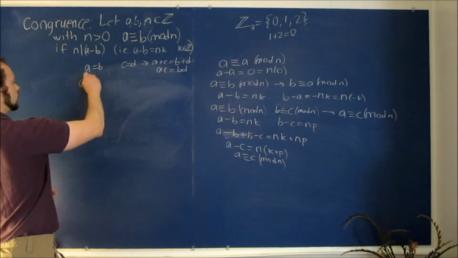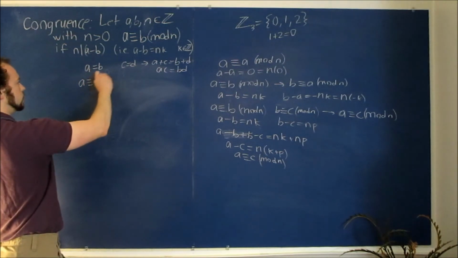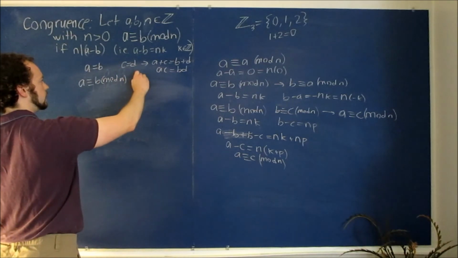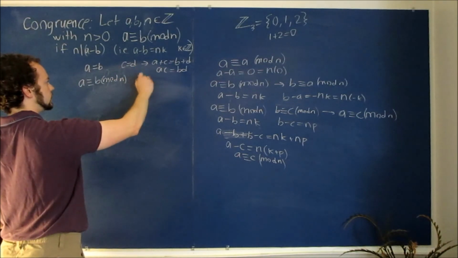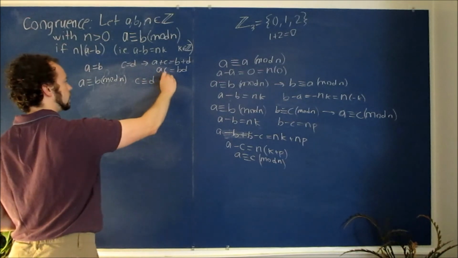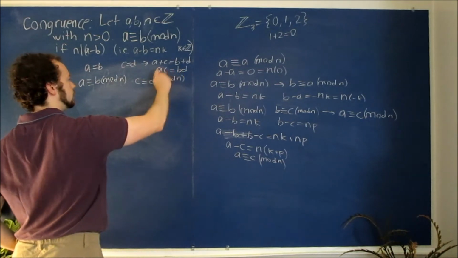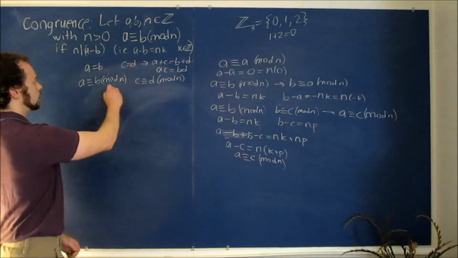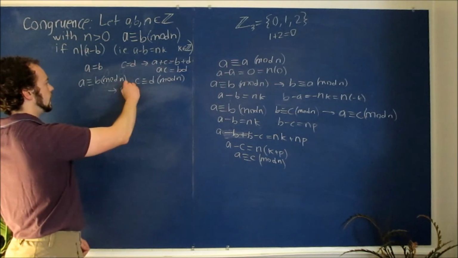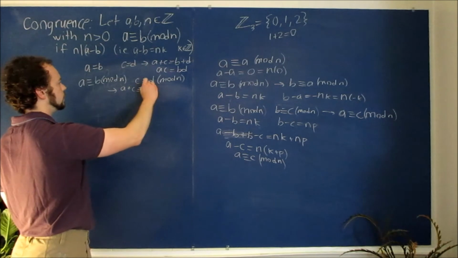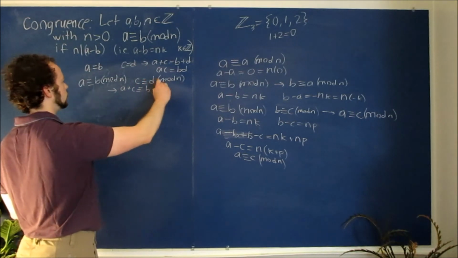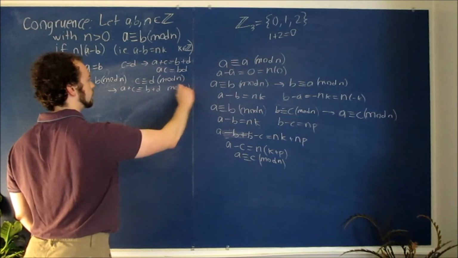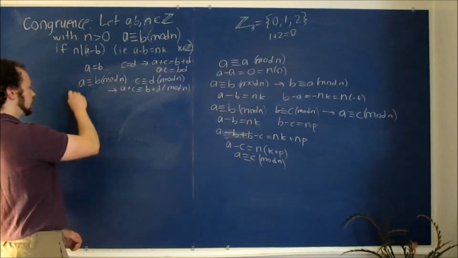So if I have a is congruent to b mod n, and c is congruent to d mod n, this implies that A plus C is congruent to B plus D mod n.